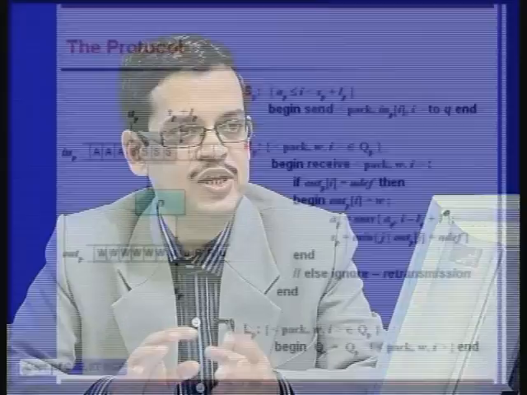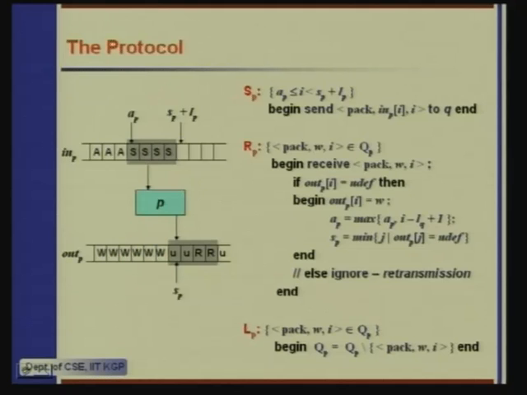So, there will be no configuration under which P will not be allowed to send any packets and Q will not be allowed to send any packets, this will not happen. We must first prove that at any point of time either P will have a packet to send or Q will have a packet to send. That way we will show that the protocol is not going to deadlock anywhere.